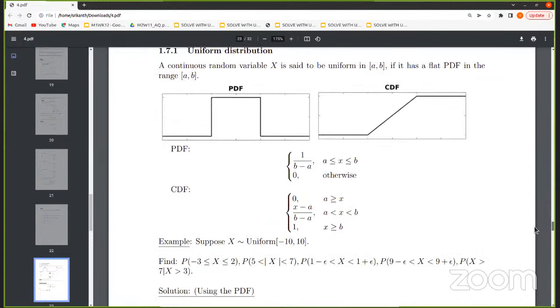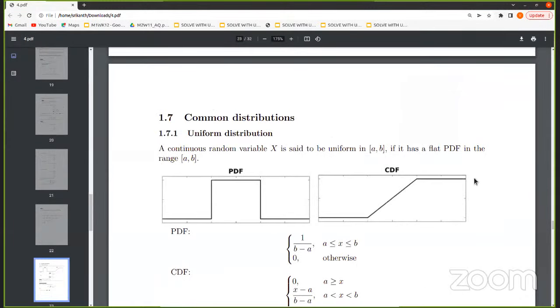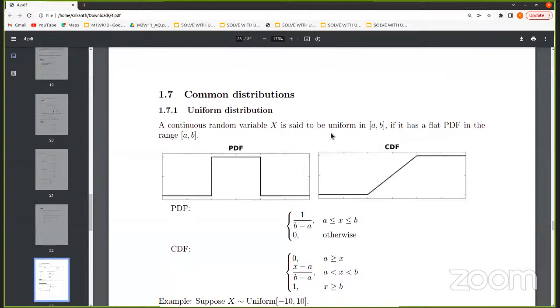Just common distributions, is it? Yes, sir. The distributions were left for discussion. These are the distributions, right? Common distributions. Yes, sir. I think not much is left. So these are just the PDFs of some common distributions which were taught in the lectures.